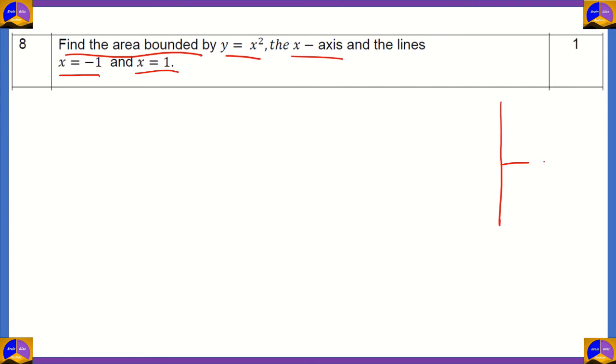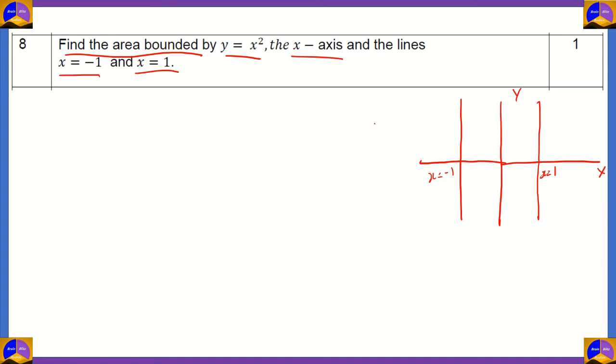So in the coordinate axes, here's y, here's x, and the first thing we can write down is x equals 1 and x equals -1. So these will be lines which are parallel to the y-axis.